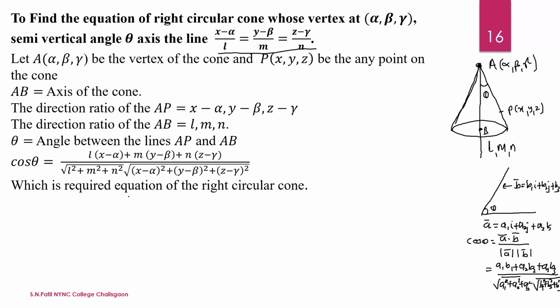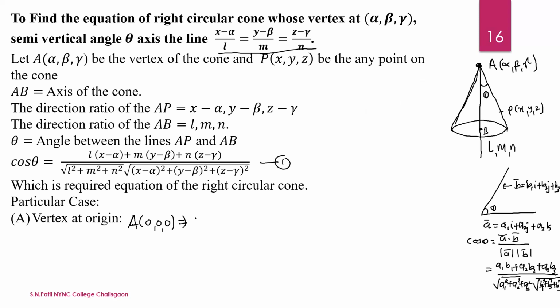Now let us discuss the particular cases. If the vertex of the cone is the origin, meaning alpha, beta, gamma are 0, that is the point 0, 0, 0. Suppose this is equation 1. Put alpha, beta, gamma as 0 here. What do we get?